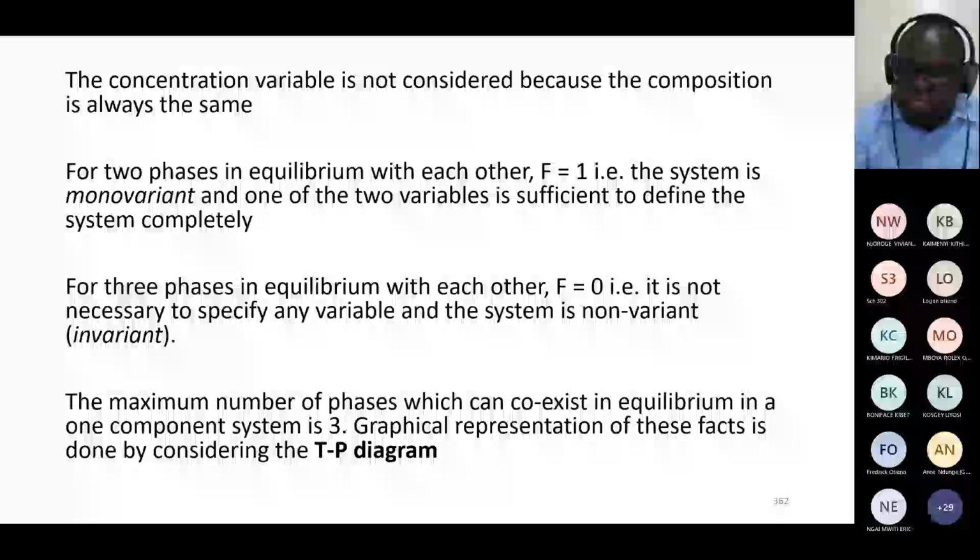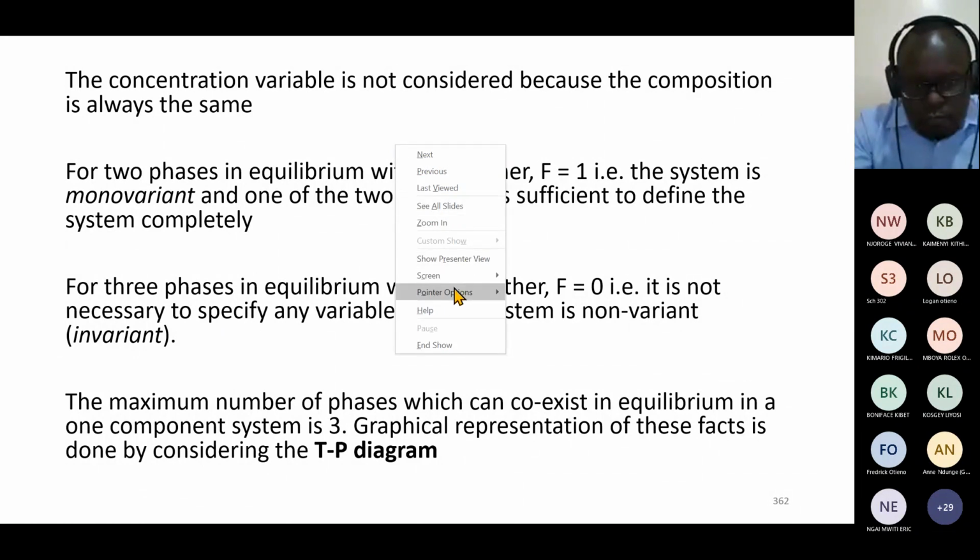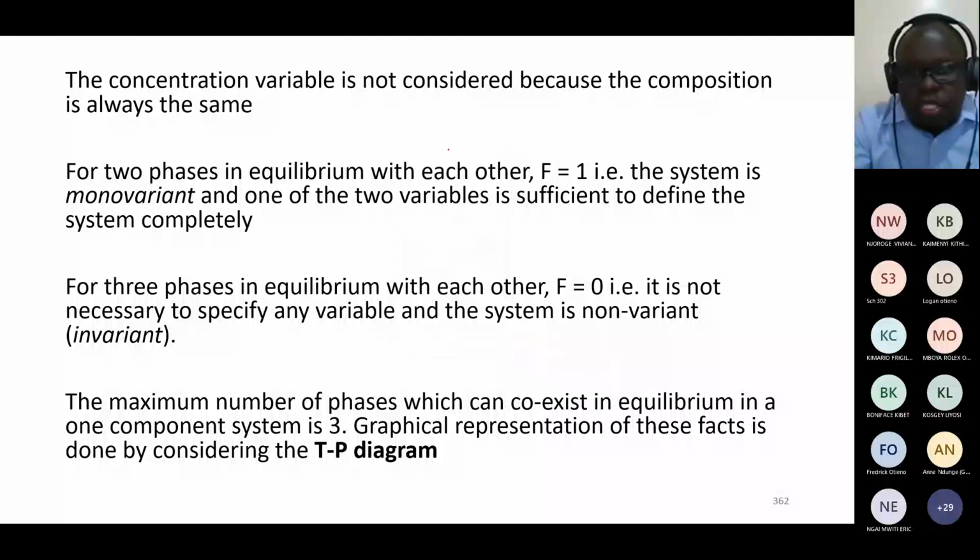This is a one component system, so this is 1 minus 2 phases plus 2.